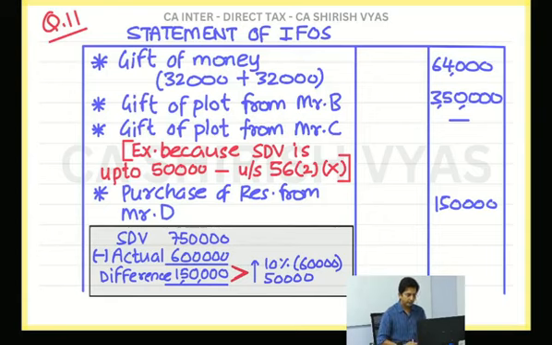Stamp duty value 7,50,000, actual price 6 lakhs, difference 1,50,000.